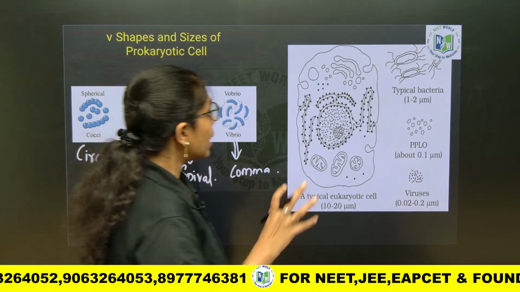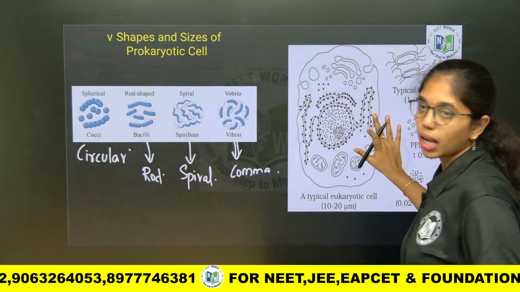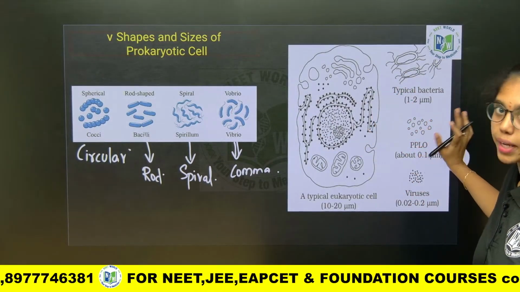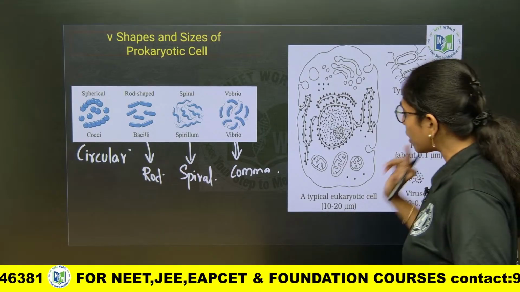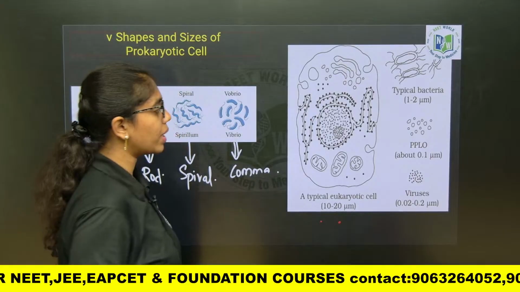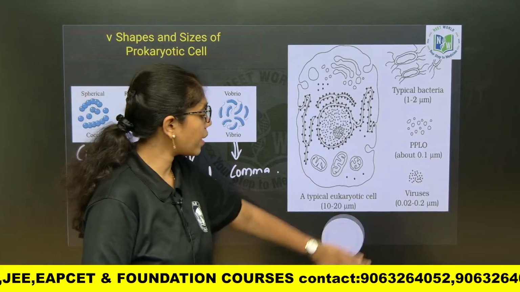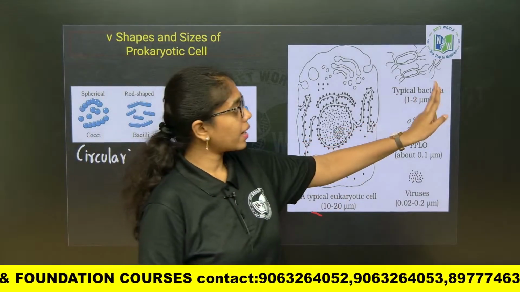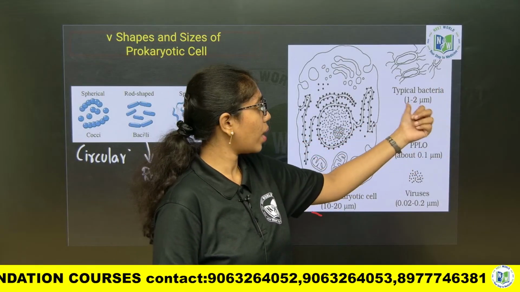And now this is the diagram given in our NCERT on sizes of the cell, which is very important. A eukaryotic cell has a diameter of around 10 to 20 micrometers. A typical bacterium has 1 to 2 micrometers.